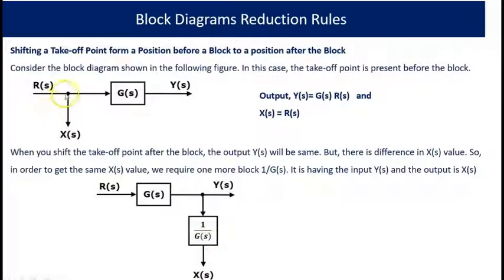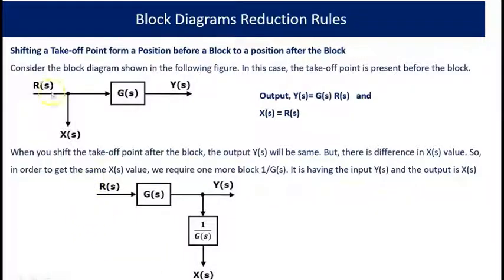So if we want to shift a takeoff point from a position before the block to a position after the block, we have to add a block with the transfer function 1/G(s).